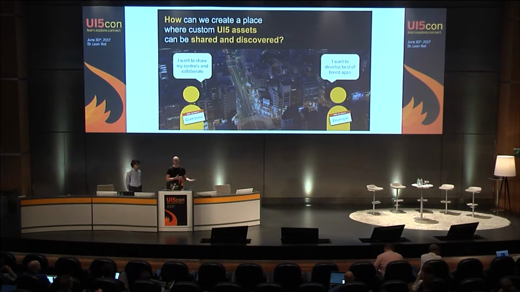And there's the app developer. He wants to create a new UI5 app, and he wants to use the UI5 controls developed by SAP, but he also wants to make use of custom controls that have been created by the community. So he has a best-of-breed application that uses community artifacts and UI5 artifacts. For the moment, this was only possible by copying the code into your project and adjusting it so that it works technically.